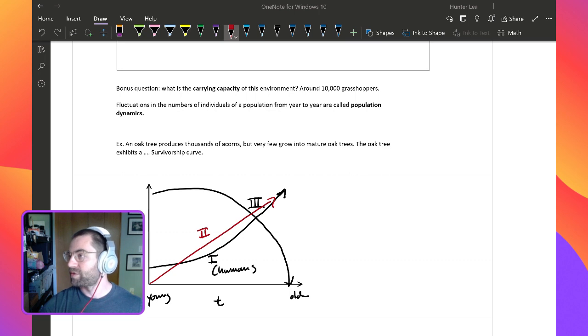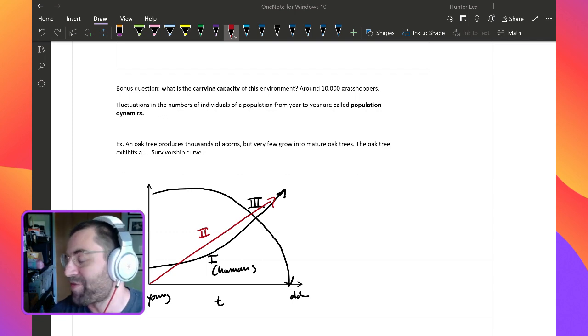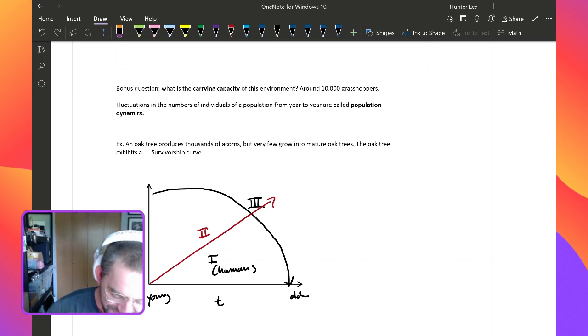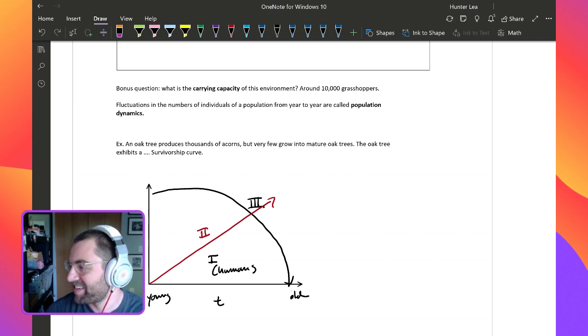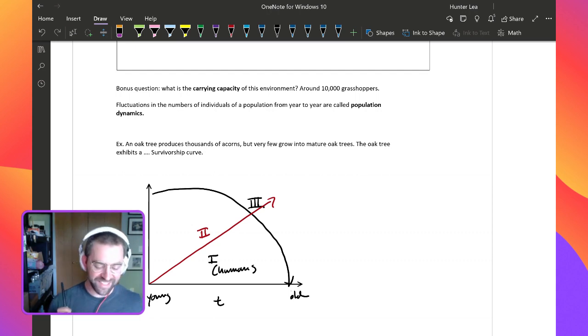Ooh. Age in relative units, number of survivors, log scale. I have represented this exactly opposite. This is a cool moment for me because it tells me that the way that I have been thinking about this is just completely wrong.